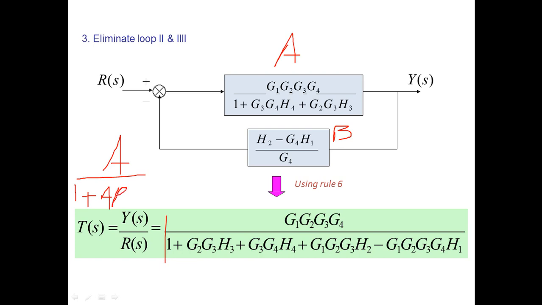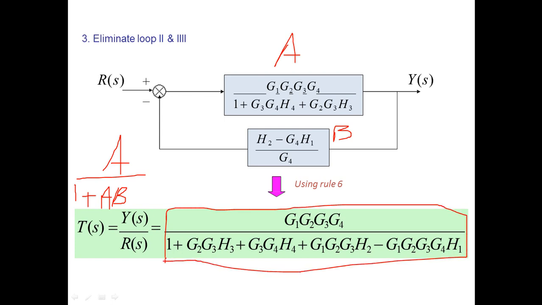If you apply the same thing over here, you will get this equation. It means when you apply R of S, it will process this and provide you output as Y of S.